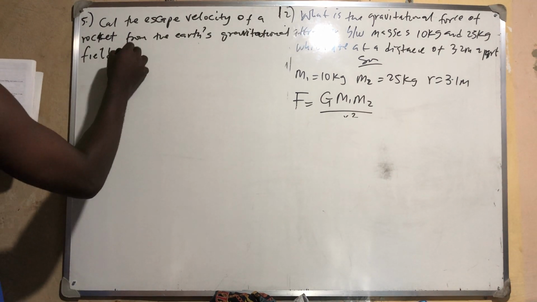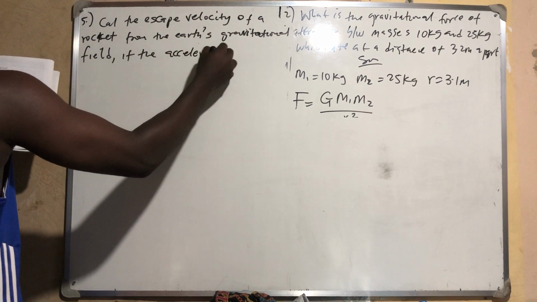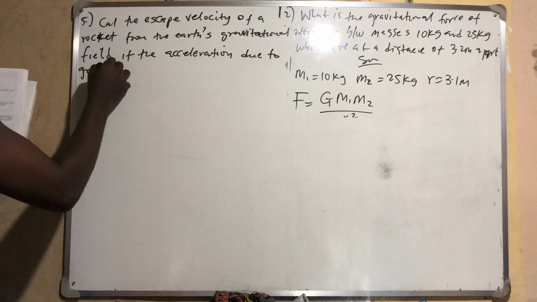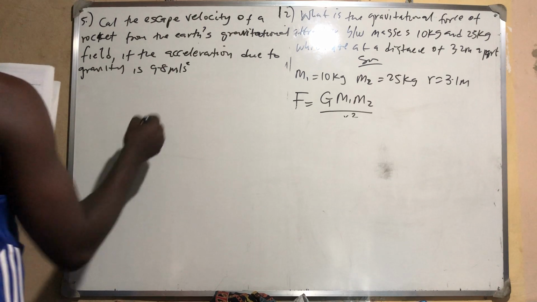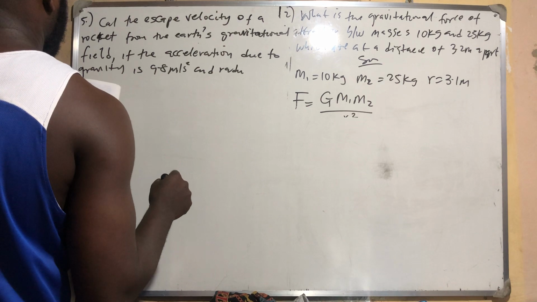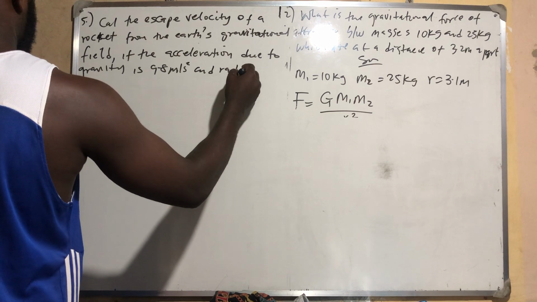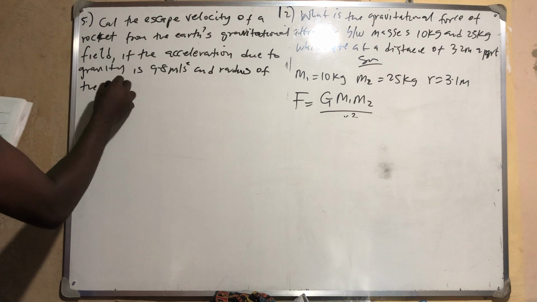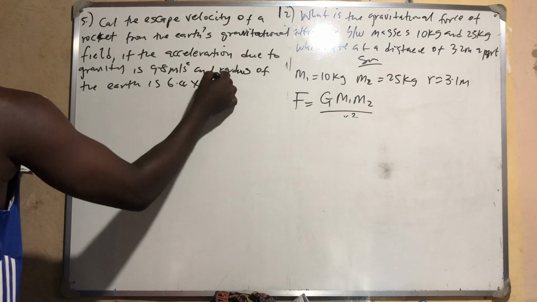I gave you all these formulas, so you should write them down and memorize them. They say the acceleration due to gravity is 9.8 meters per second squared, and the radius of the Earth is 6.4 times 10 raised to power 6 meters.